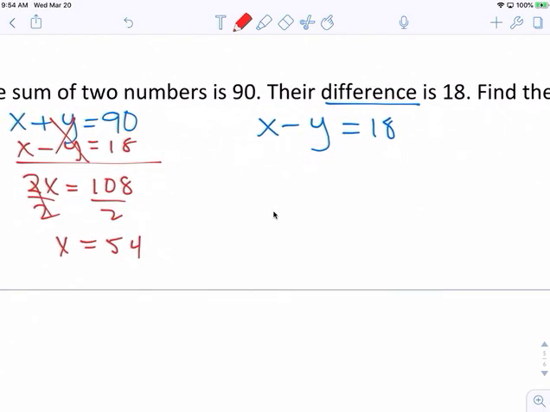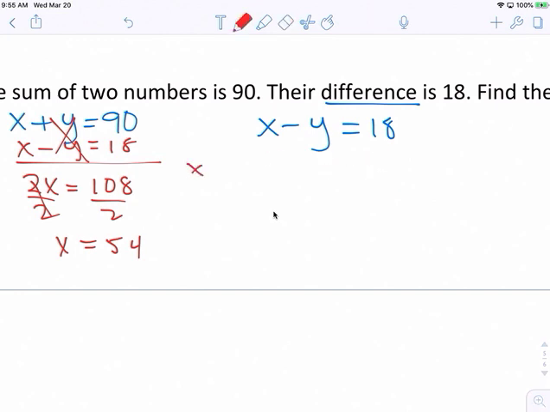If that's the case, 54 minus what equals 18? So minus what number? Either you figure it out mathematically or you go 54. I don't like this negative. I'm going to use the positive.